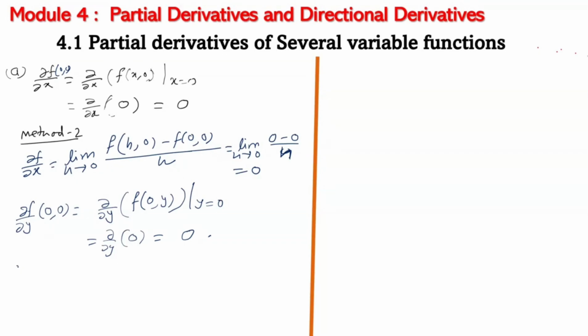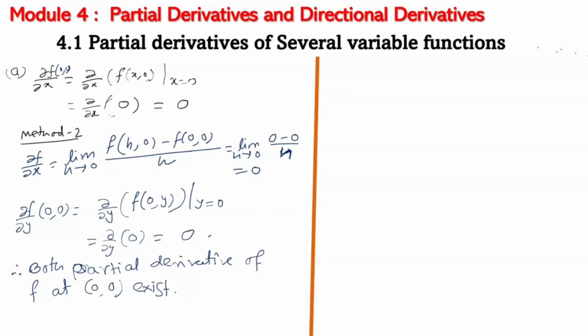So therefore both partial derivatives of f at (0,0) exist.